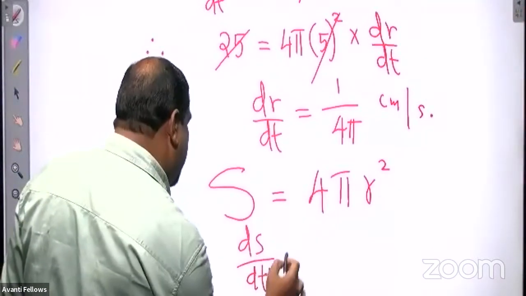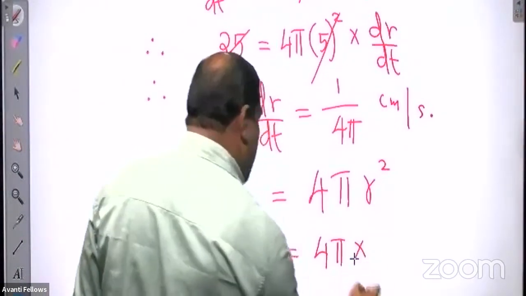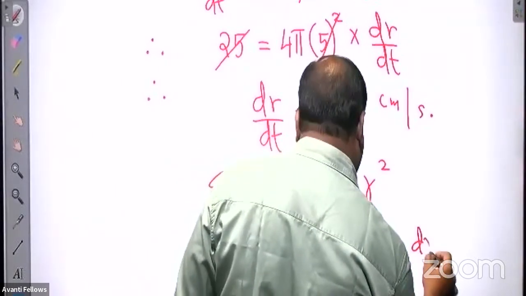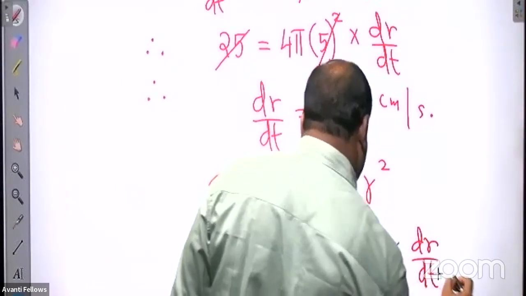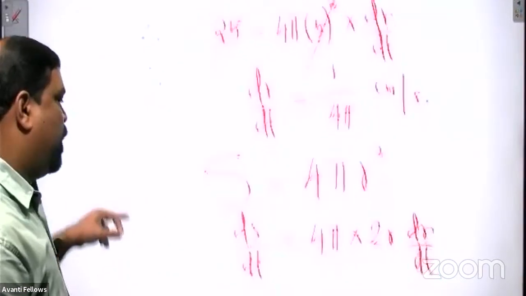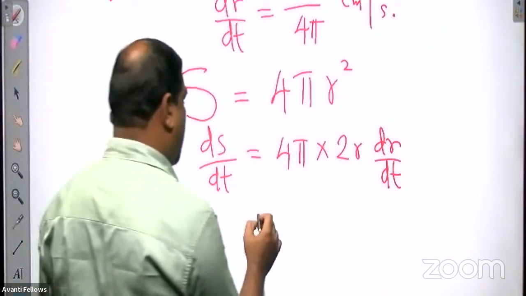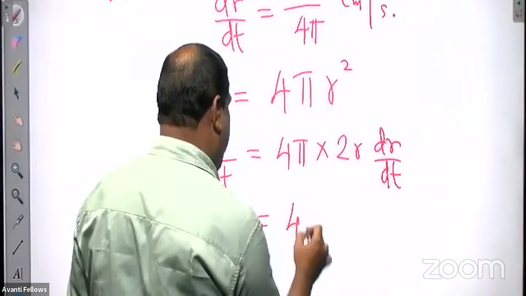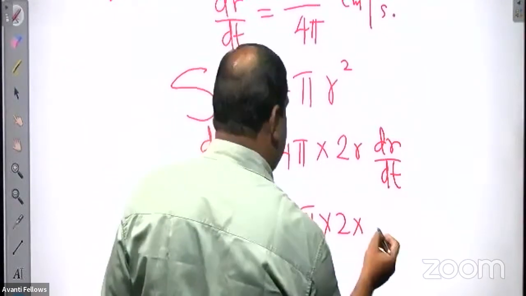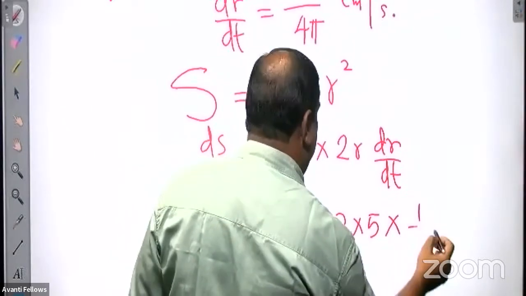dS by dt is equal to 4 pi, which is a constant, into the derivative of r square, which is 2r, into dr by dt. Now we have to substitute. This is equal to 4 pi into 2 into r, which is given as 5, into dr by dt, that is 1 by 4 pi.